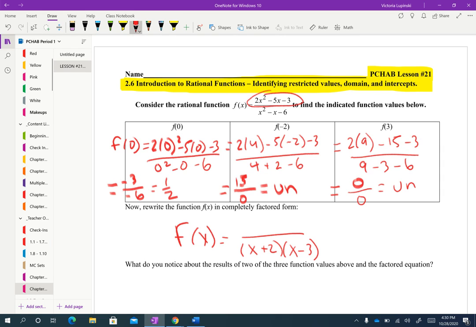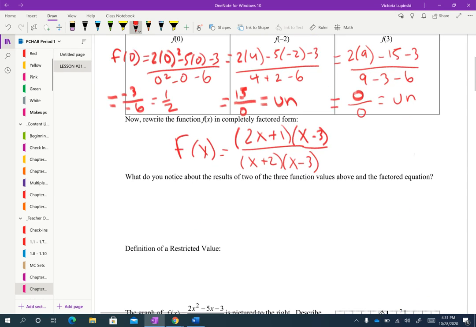Some of you can just factor it old school by looking at it. You may have to use the AC method, or at this point in your math careers, you've probably come up with some method that works. Regardless, you should be able to factor it as 2x plus 1 and then x minus 3. This is what's called factored form, because both the top and the bottom are factored.